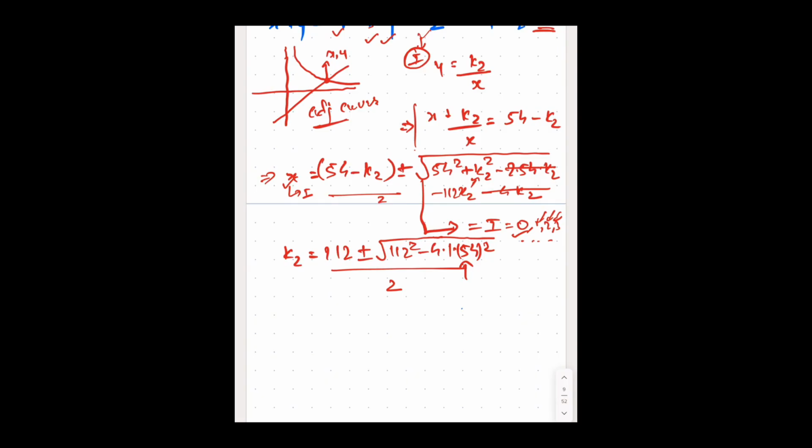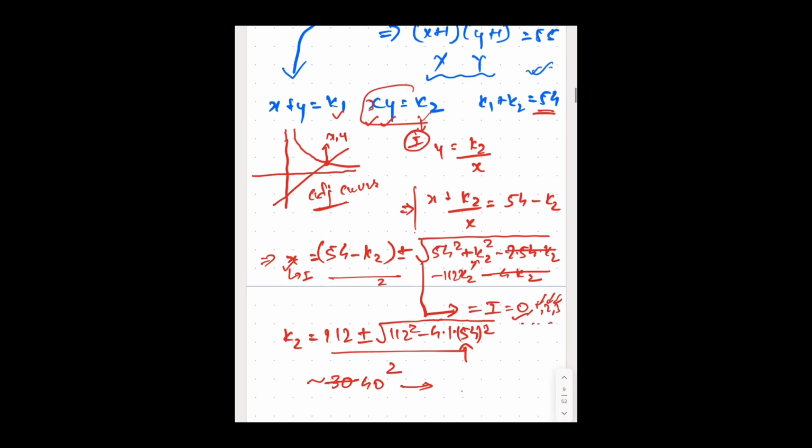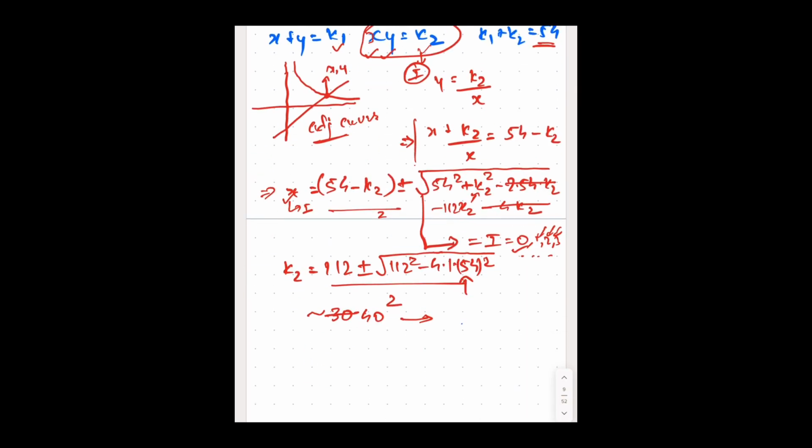On solving this for 0, we get k2 equals 14 or 40. So k2 is x times y, x times y equals 40, and x plus y equals 14.